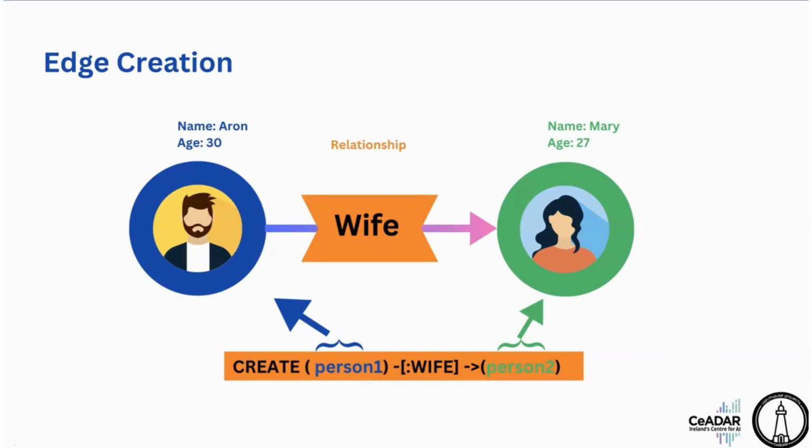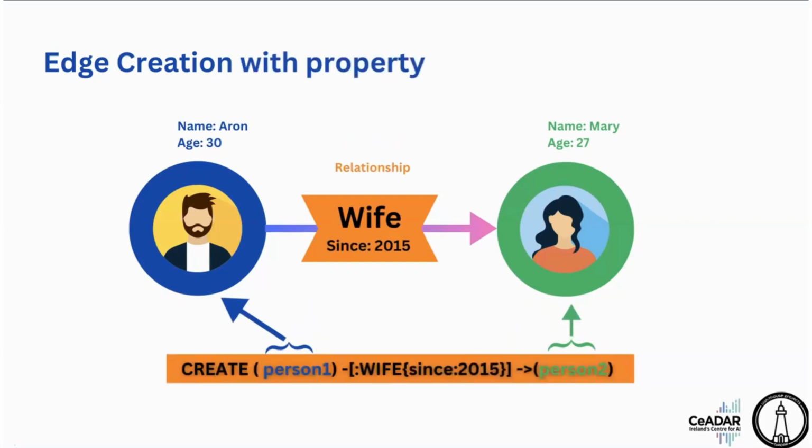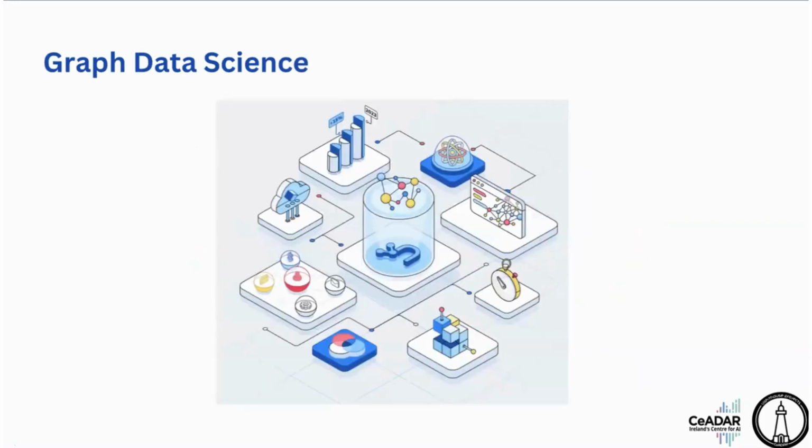It can be friend or wife or anything. This is how it's being connected. And also we can give edge properties. Since we know Aaron's wife is Mary, now we can give a property such as since when. That's the biggest property. We can give the time background, or when it happened, how it happened, etc.